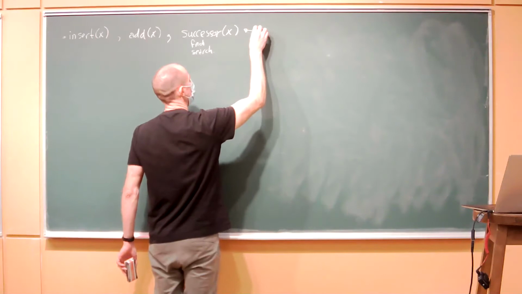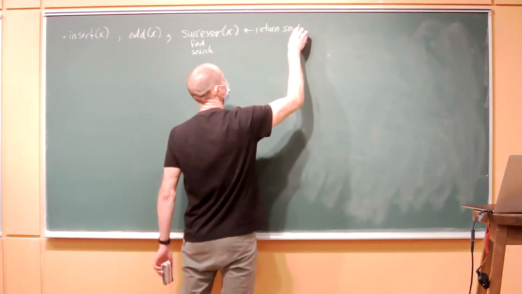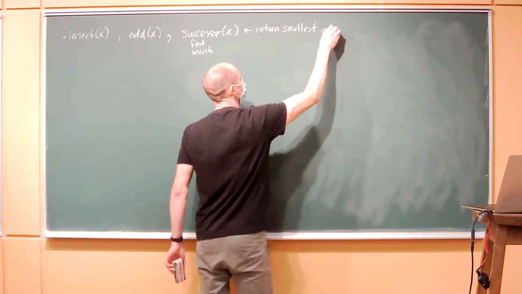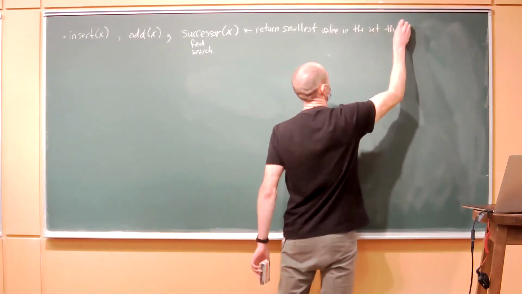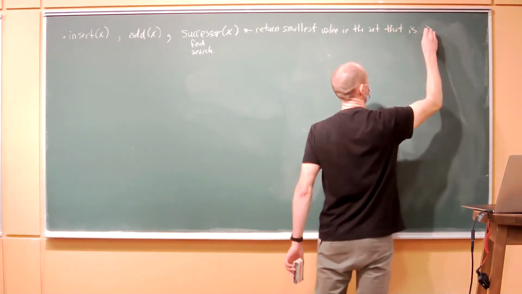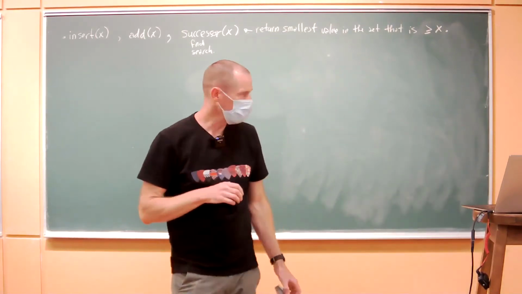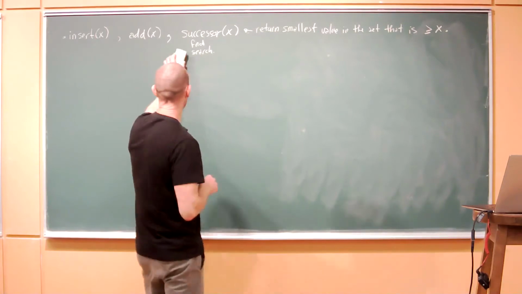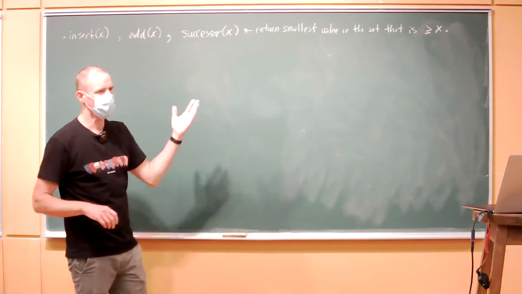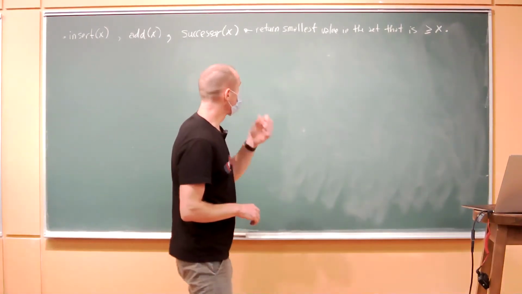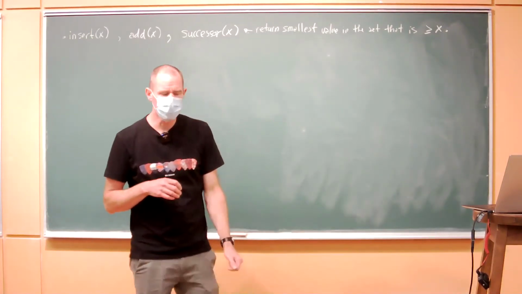This one here is: return the smallest value in the set that is greater than or equal to x, the value that you're searching for. Okay. So these are the classics. And of course, in addition to successor, you can also have predecessor. Successor finds the value that comes after x, predecessor finds the value that comes before x.